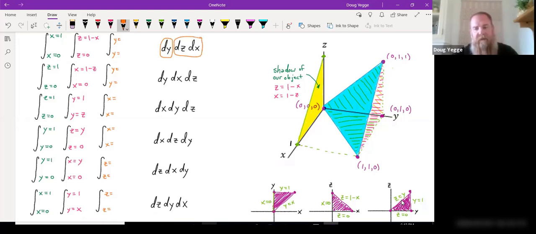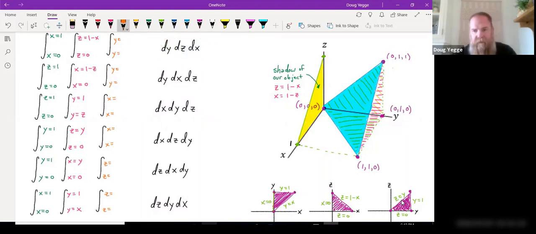So if I take this xz plane and start moving it forward in the y direction, where does that enter the shape and where does it leave the shape? Okay, so that's essentially what we're looking at there.